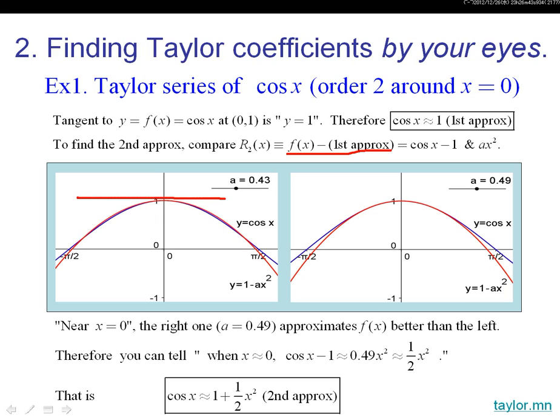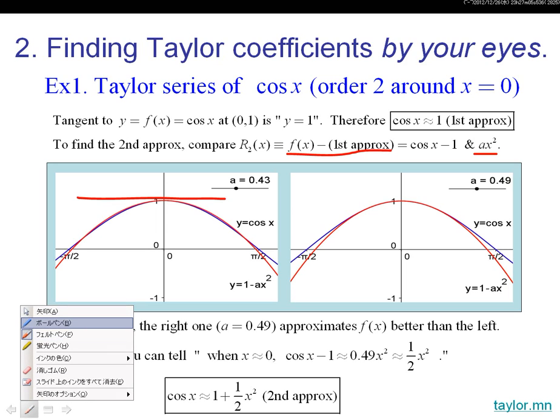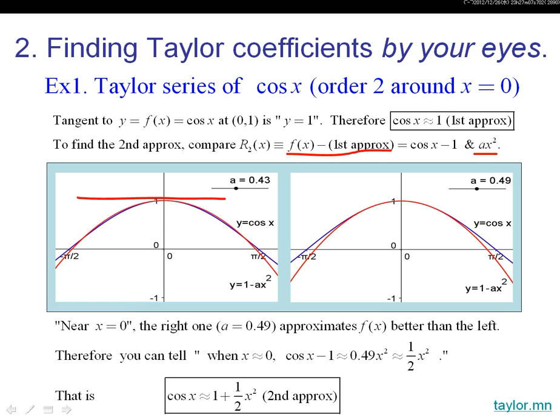After subtracting this first approximation, the big chunk, we can compare r2(x) with ax squared. r2(x) means the residue of the second grade. So let's check this with MuPAD.